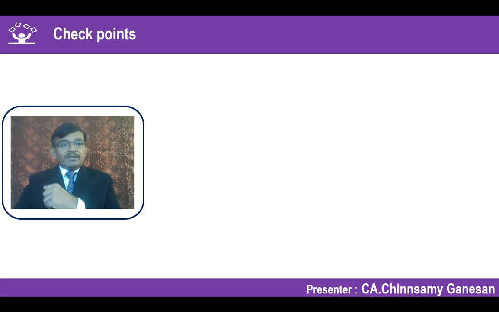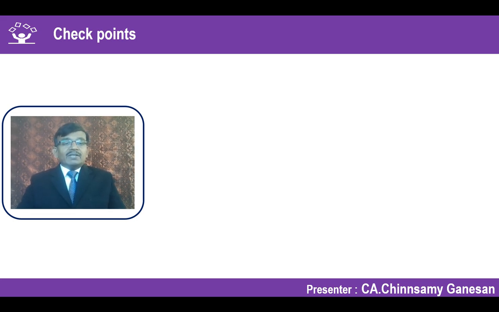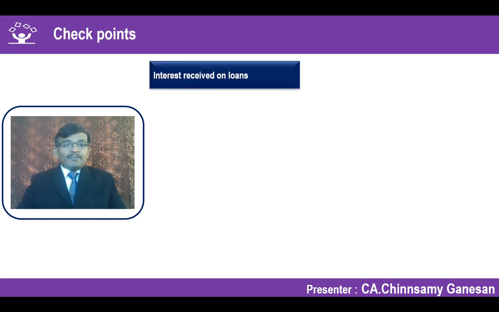Only thing which may have some confusion is whether this item should be forming part of my core business activity, that is operating activity, or it should be shown under financing activities or investing activities. This is a normal question which we have in our mind. Let us have a look at these checkpoints.